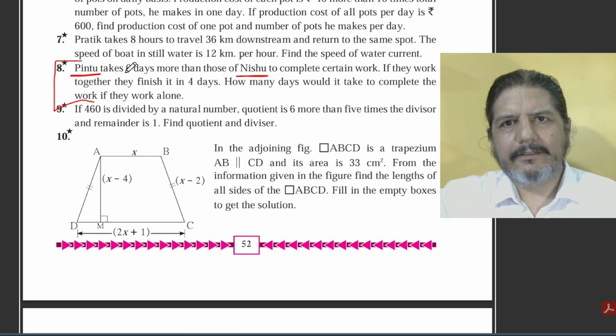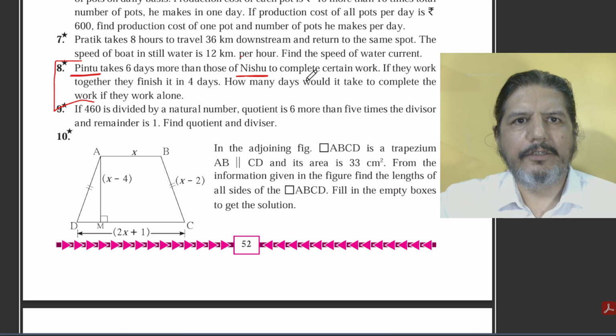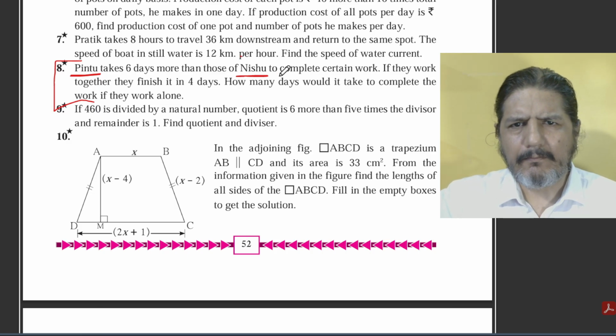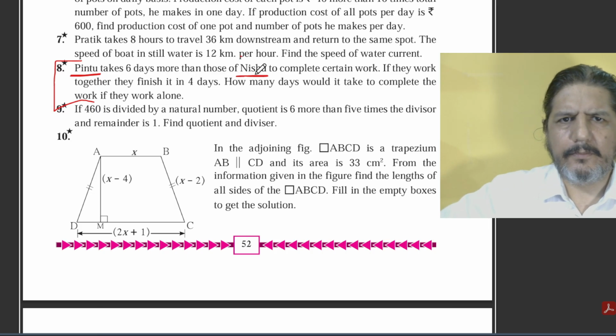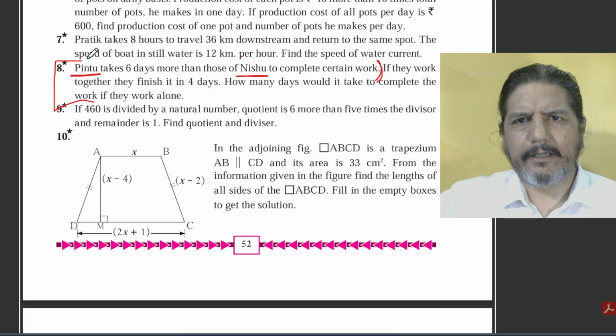So in this case, Pintu takes 6 days more than Nishu to complete certain work if they work together. Let's try to understand the first line.